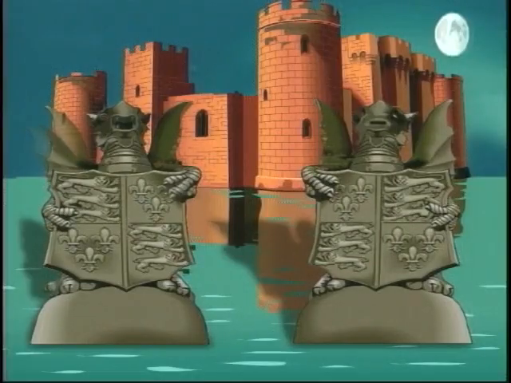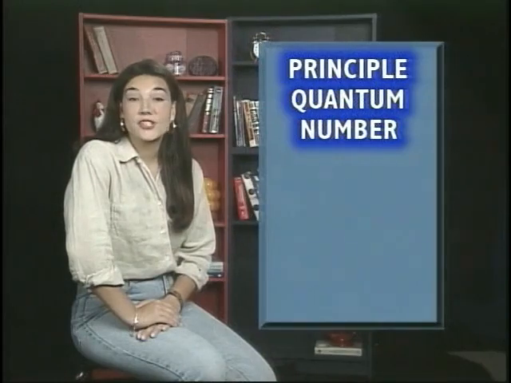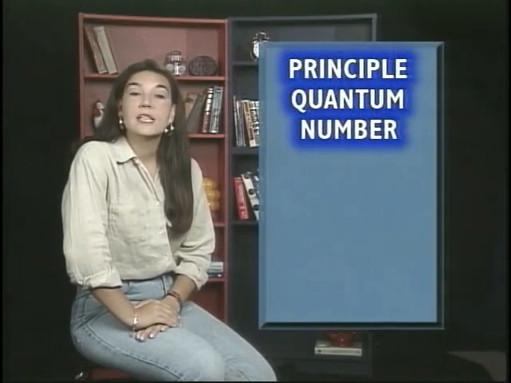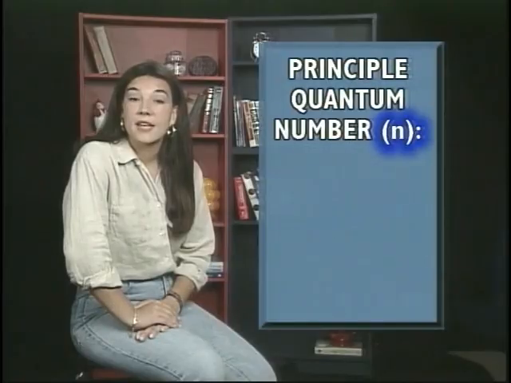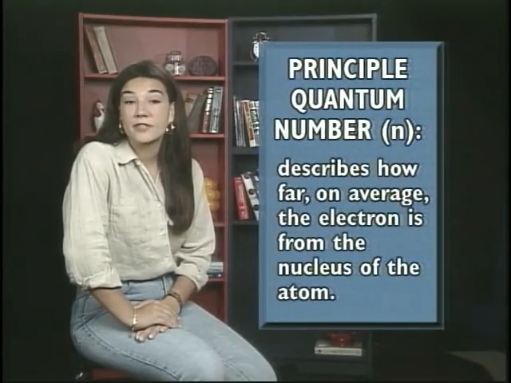Quantum numbers. Now these quantum numbers are a little weird, and they all relate to each other, so bear with us. The first, or principal quantum number, is represented by a lowercase n, and it describes how far, on average, the electron is from the nucleus of the atom.